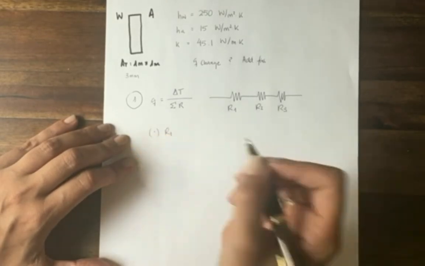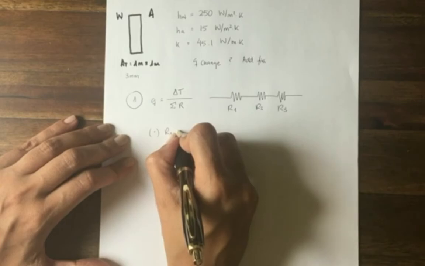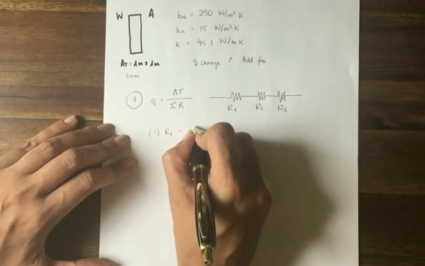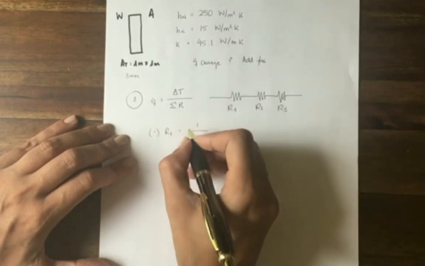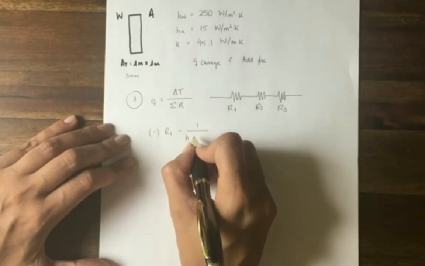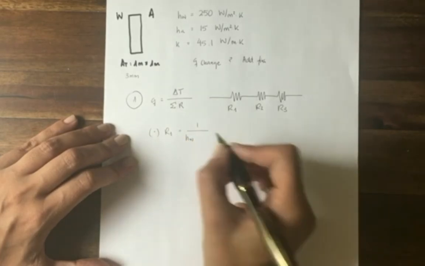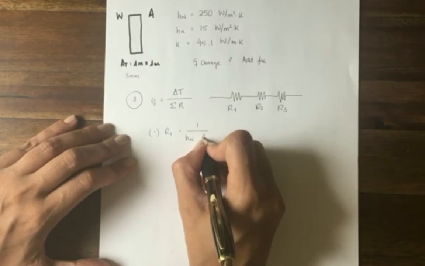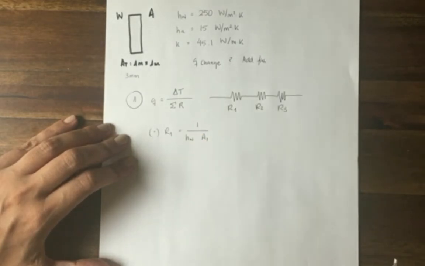We know that the thermal resistance for convection is equal to the inverse of the convective heat transfer coefficient in the water side times the total area of the plane wall.